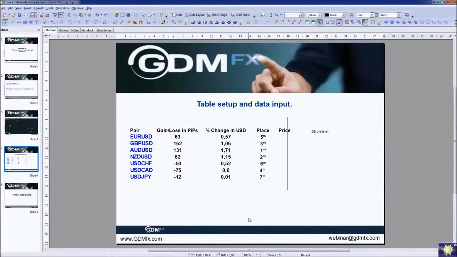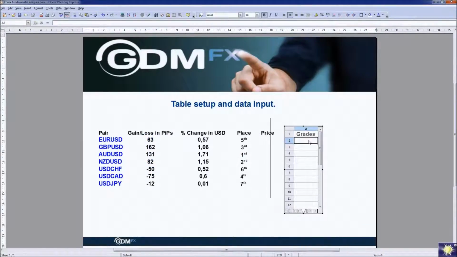This is how you grade them. And over here, of course, you can just go for first place. You have first place for the Aussie. Second place we had for the New Zealand dollar. Third place was for the pound.